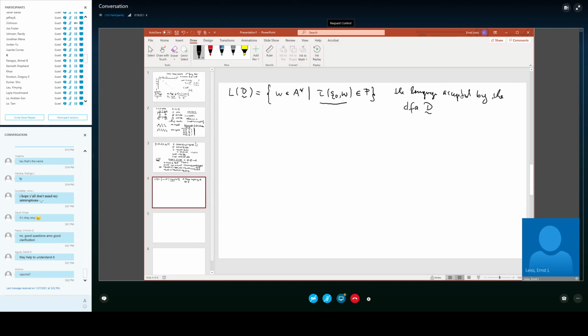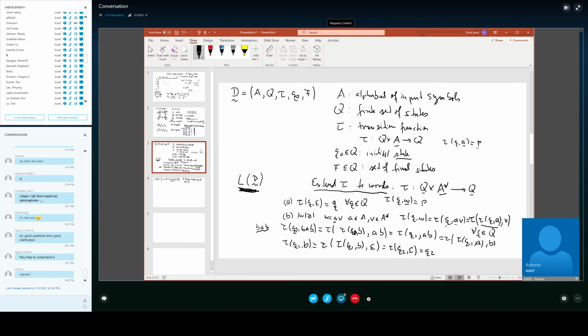Yes? In the past slide where you were doing the transition functions, for the last line, is it tau of Q1 and B equals tau of Q1B of epsilon?